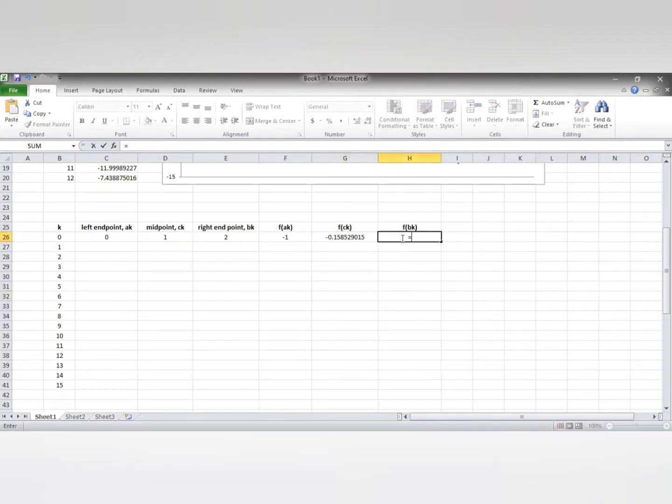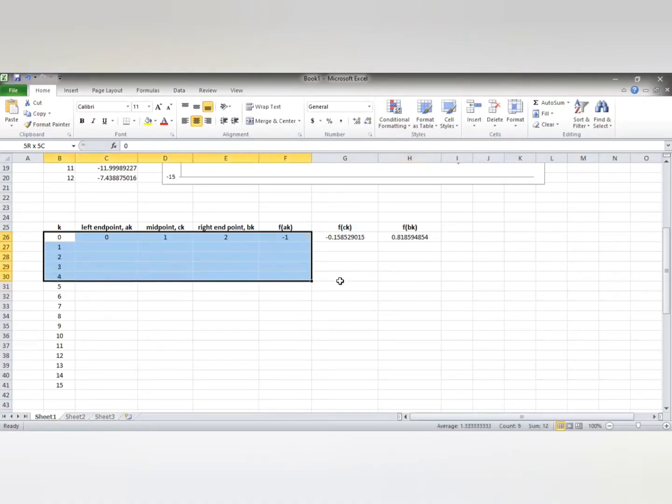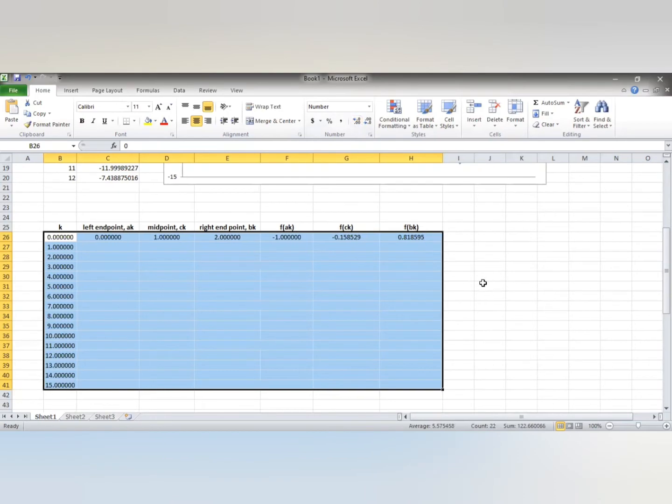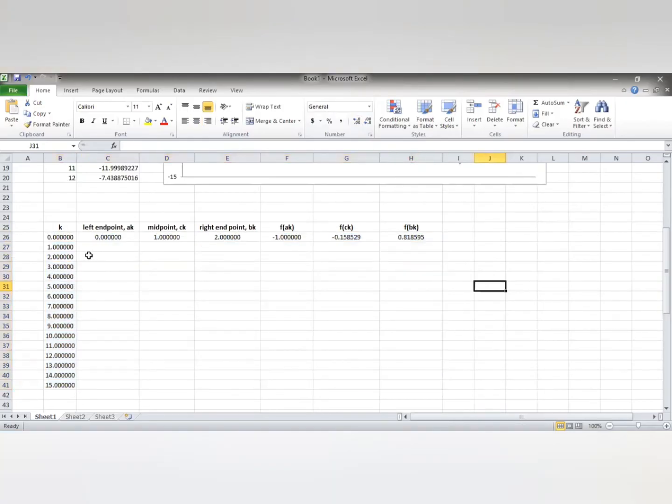Then for the right endpoint times sine, minus 1. So I already have the values for the function. Now I need to set the number of decimal places. It's up to you how many decimal places you are going to consider, but for my discussion, I will use 6 decimal places.